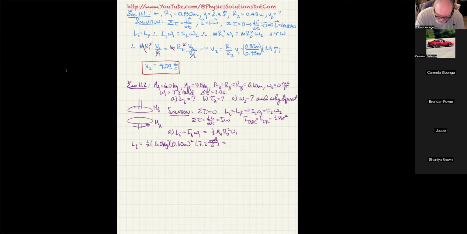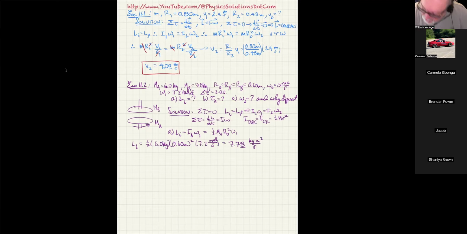So 0.5 times 6 times 0.6 squared times 7.2, and that gives me an angular momentum of 7.78, with one extra digit, and you'll notice the units are kilograms meter squared per second.